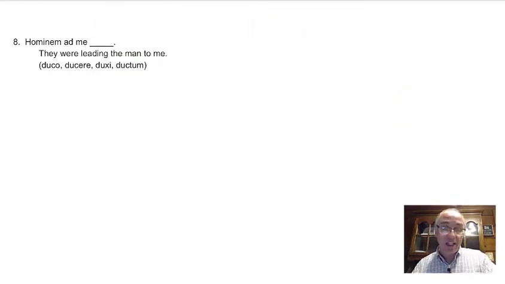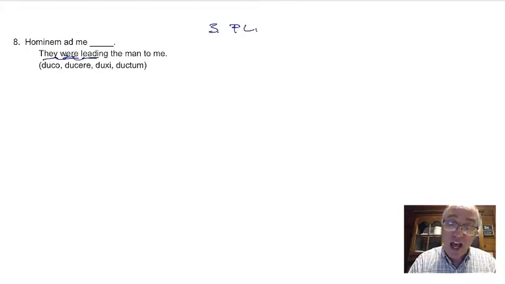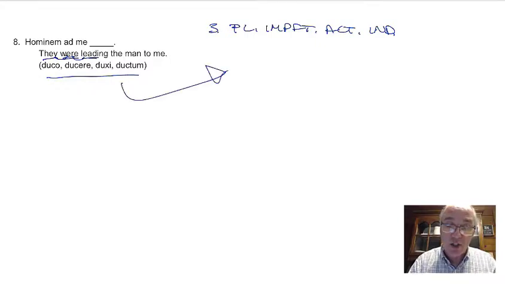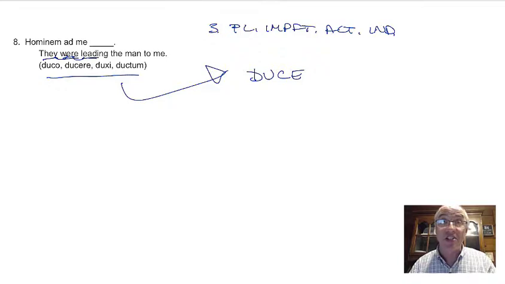Number 2, they were leading the men to me. Hominem, ad me, they were leading. This is all one word. Third person, plural, imperfect, active, indicative, and the word we need to use is duco, ducere. So, D-U-C-E, get our stem in there.